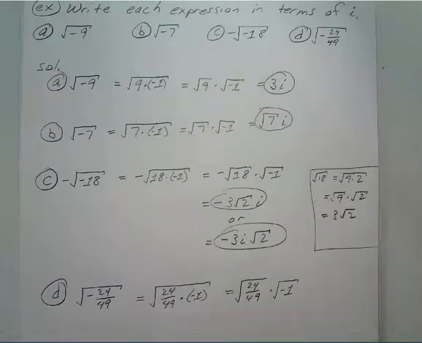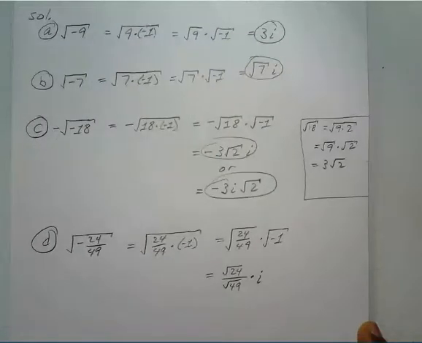Also, if you remember your rules for separating fractions, you can separate that into two separate root functions. So you have square root of 24 over square root of 49, and square root of -1 is i, so you have that times i there.